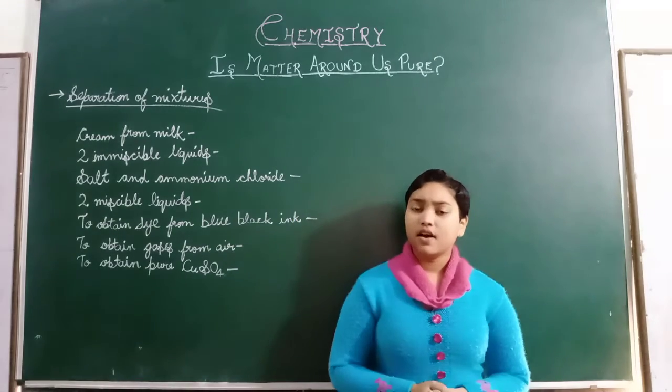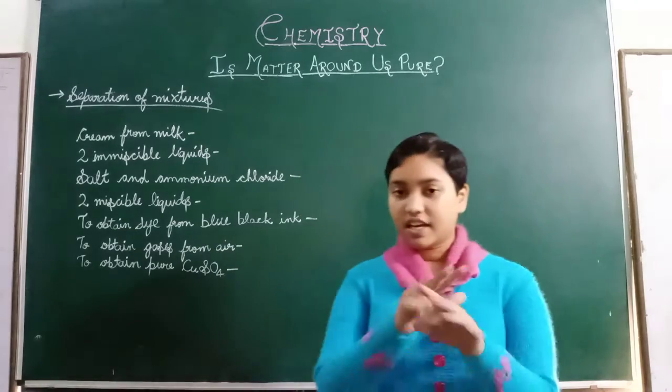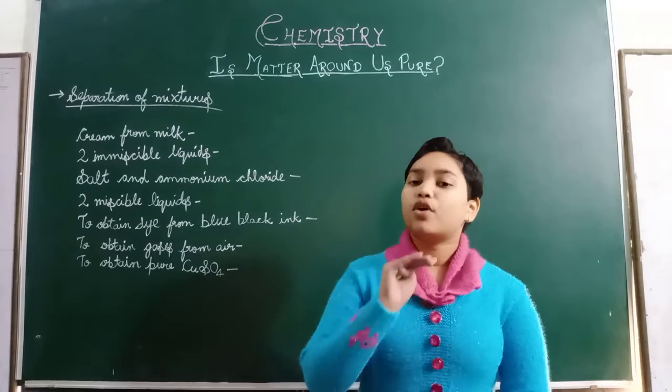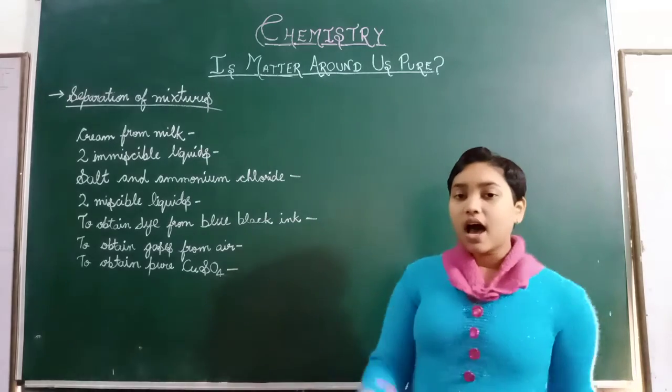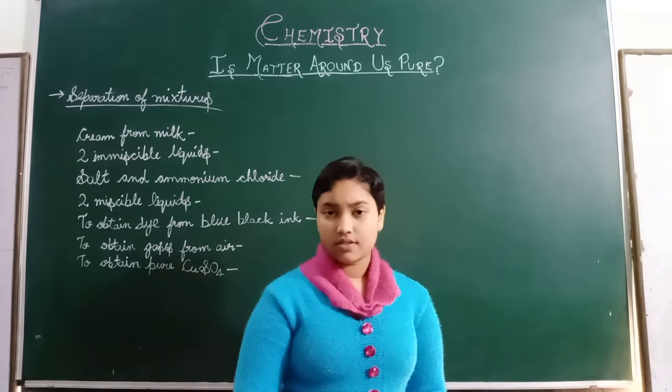For example, when we add alcohol and water, what happens? It mixes completely. We cannot see alcohol floating on water or water floating on alcohol. So these are miscible liquids. How can we separate them?